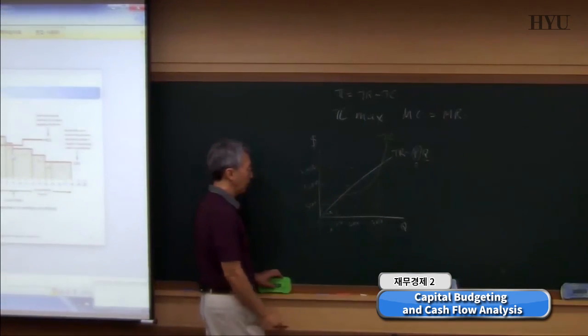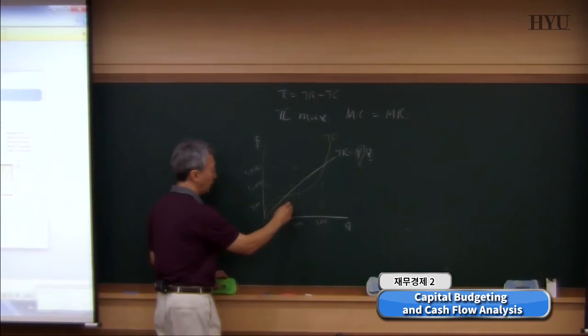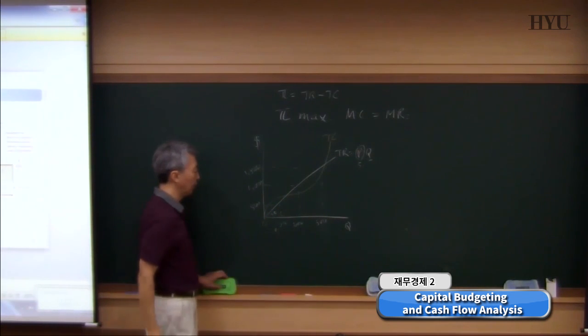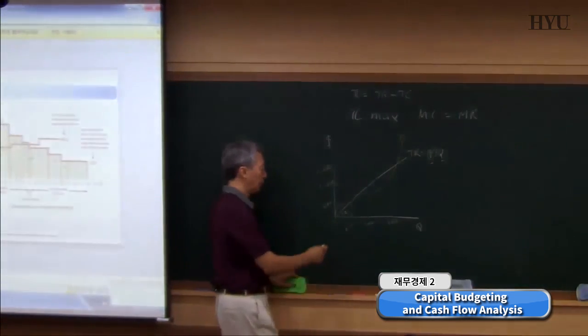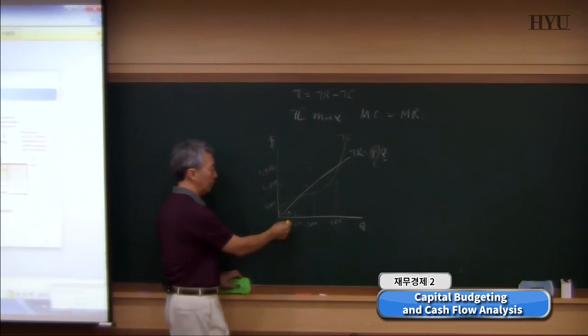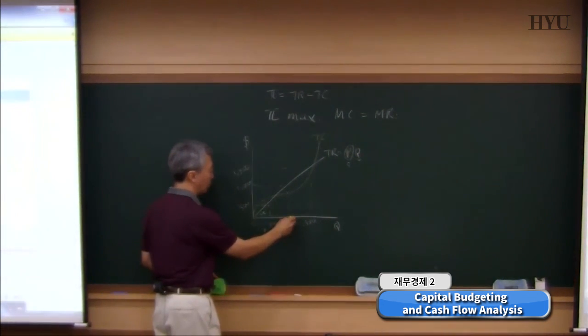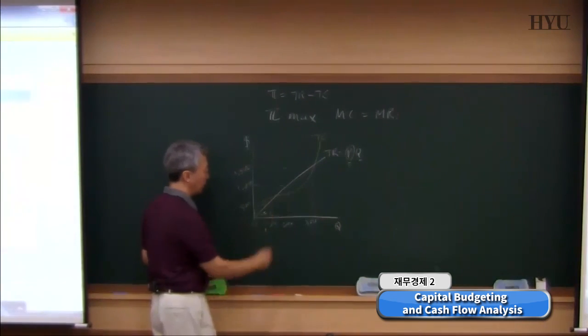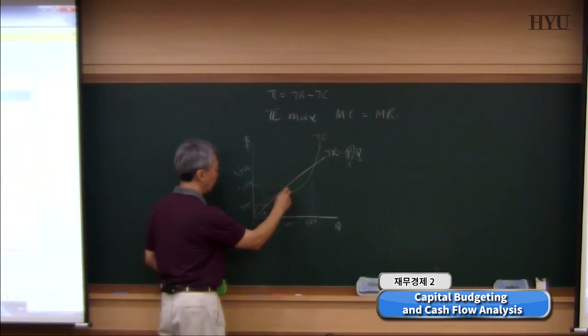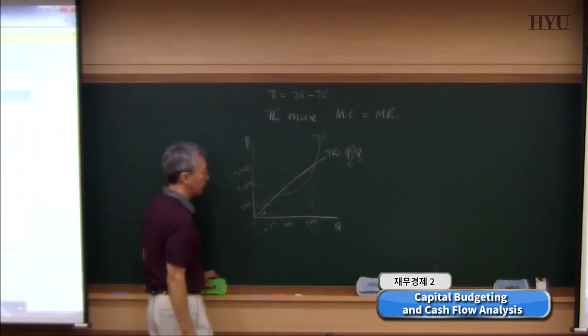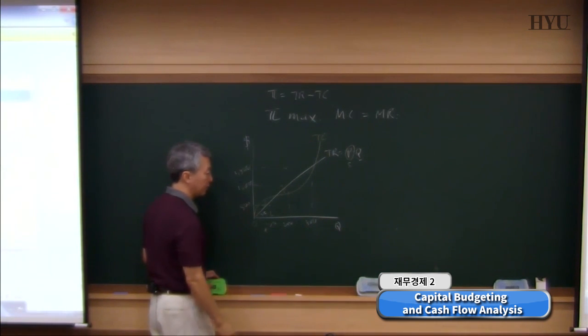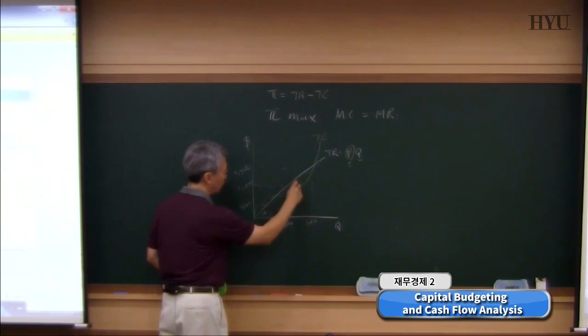But typically there is a breakeven point here. So when you have very low output, total cost exceeds total revenue, which means your profit is negative. But as you produce more and more, your profit grows. And apparently the maximum profit is achieved somewhere here.